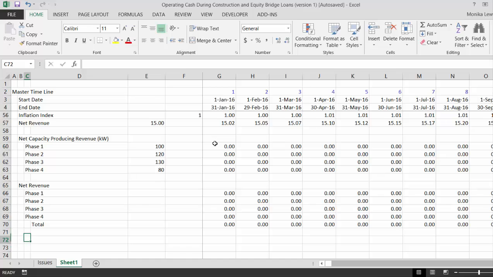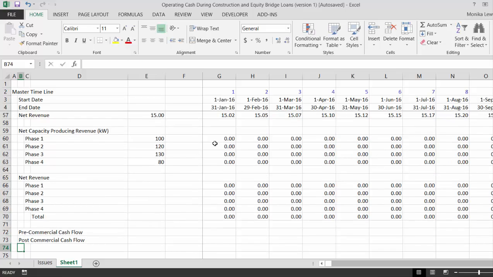Now let's put revenue pre-commercial cash flow. Now I'm not putting taxes into this, and then we can put post-commercial cash flow.